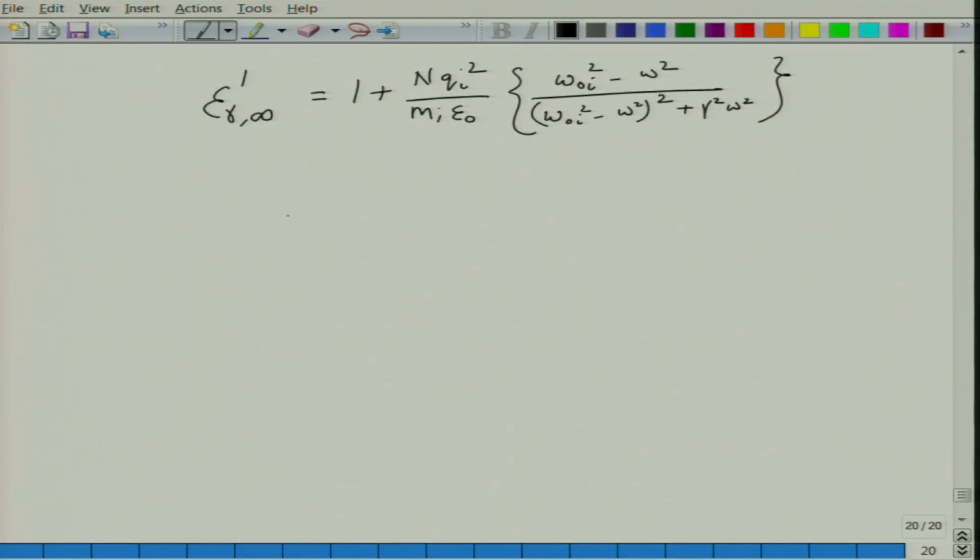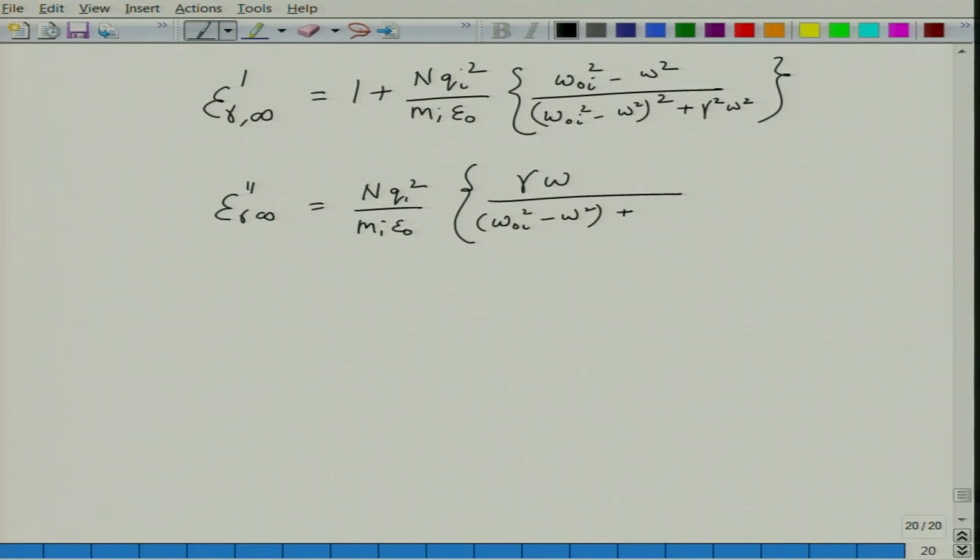And the imaginary part will be n qi square divided by mi epsilon naught into gamma omega divided by omega naught I square minus omega square whole squared plus gamma square omega square. A simple separation of variables.